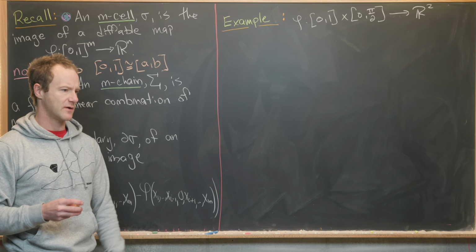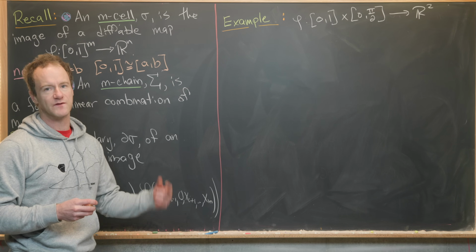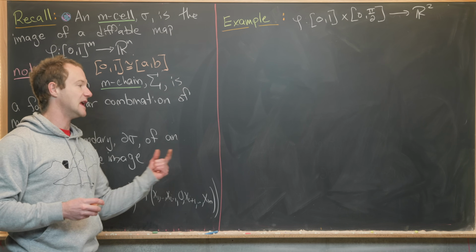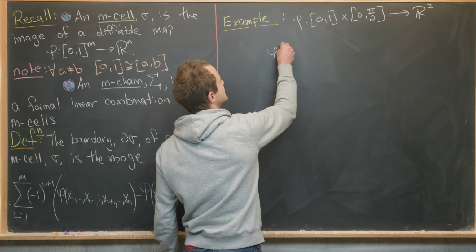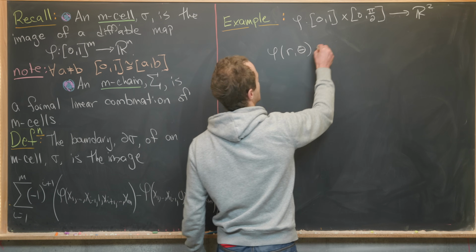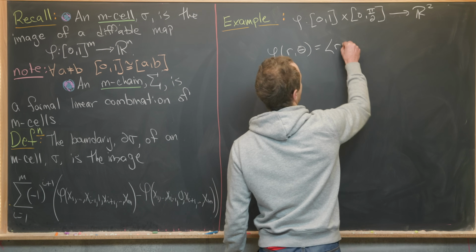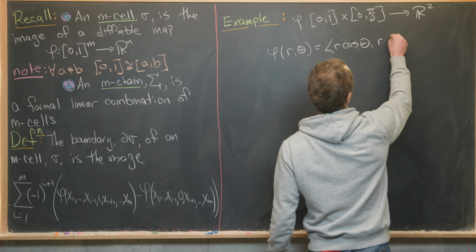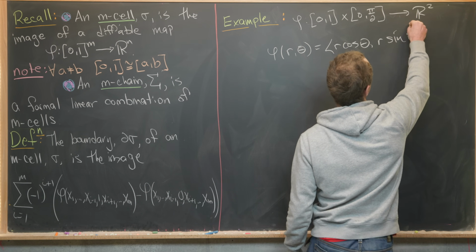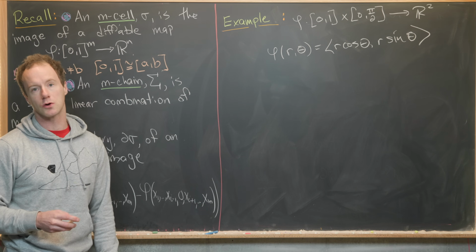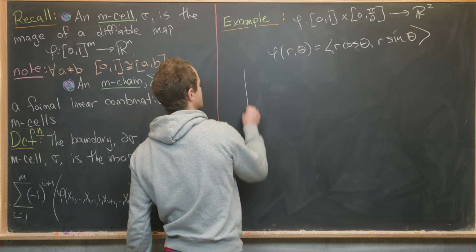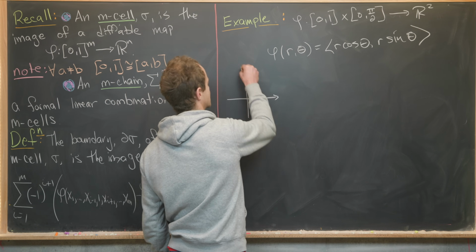In fact, it's parametrizing the first quarter of the unit disk in the first quadrant. So we can do that like this. We'll say our variables are r and theta, and here we'll have r cos theta, and here we'll have r sine theta. So in other words, we're being inspired by polar coordinates here. So that's going to give us the following picture.